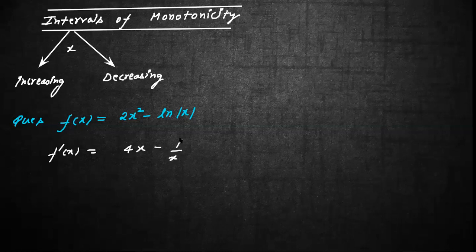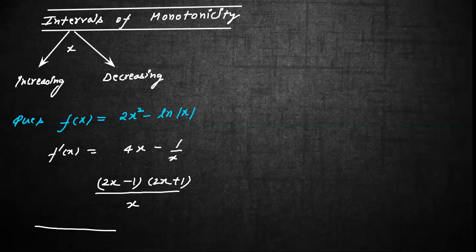Simple, right? You can write it as 4x square minus 1 over x, so 2x minus 1, 2x plus 1 divided by x. Oh, I made a mistake. Actually, I thought it was wrong, but no, it was 1 by x, as in the derivative of ln mod x is 1 by x.